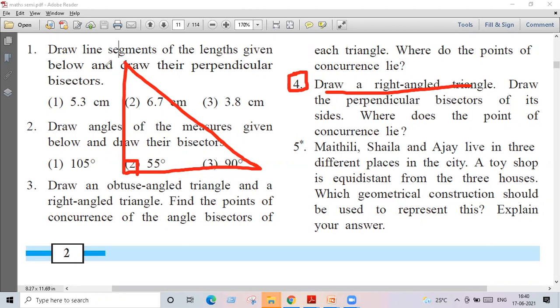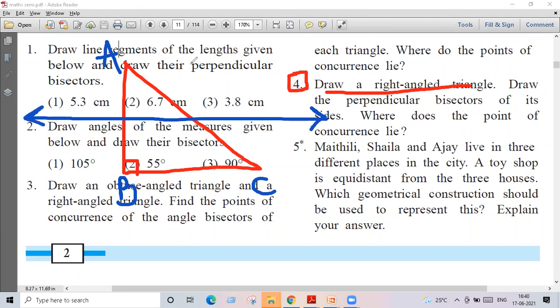So suppose this is your A, this is your B, and this is your C. So the perpendicular bisector of AB will go like this. Okay, now you have to draw. Then the perpendicular bisector of BC will go like this, and the perpendicular bisector of AC will go like this, right?